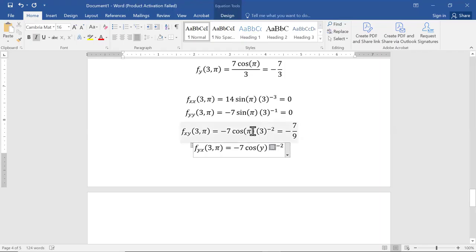I'm sorry, cosine of pi is negative. So negative of negative 7/9 is a positive 7/9. My mistake. So negative 7 times cosine of pi is going to give you a positive 7. And then 3 to the negative 2 is essentially dividing by 9, dividing by 3 squared.